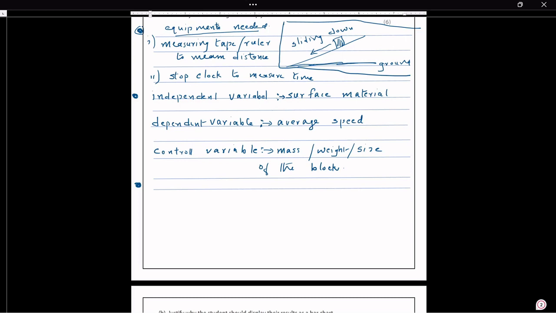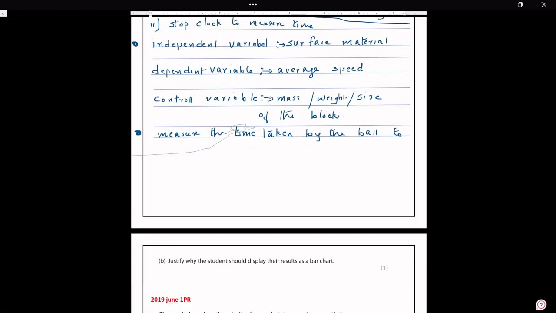So this is: measure the time taken by the ball to reach the bottom of the ramp.